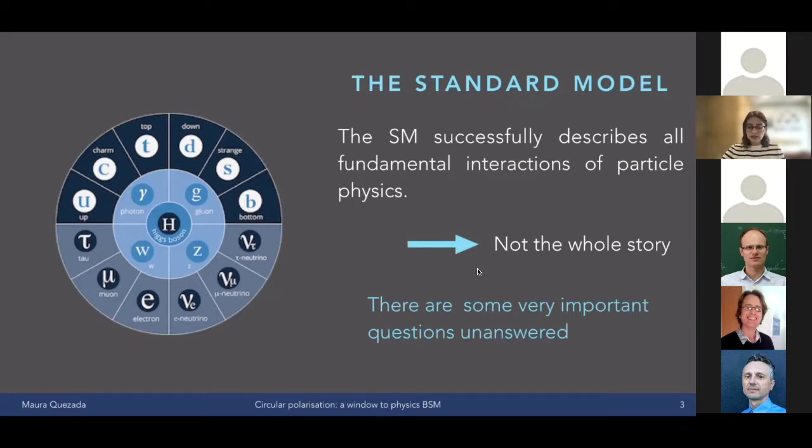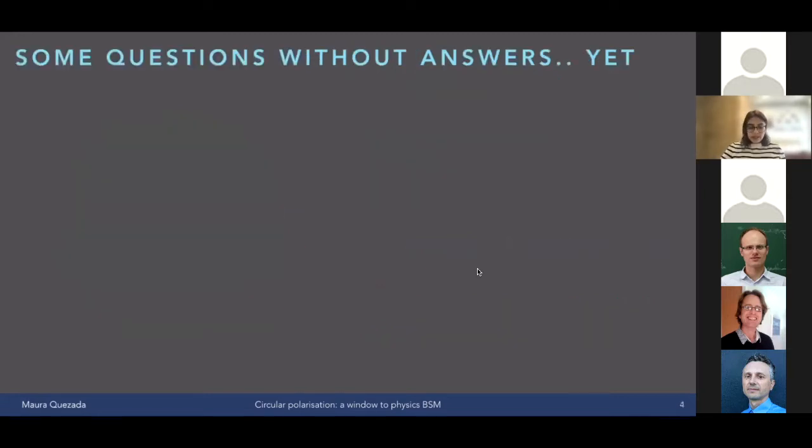This is something that we are working on at present, trying to figure out what is beyond the standard model and how we can describe things that we still don't understand, or that don't fit in the framework of the standard model. I'm going to discuss a little bit of these kinds of questions, but not all of them, of course, and very briefly.